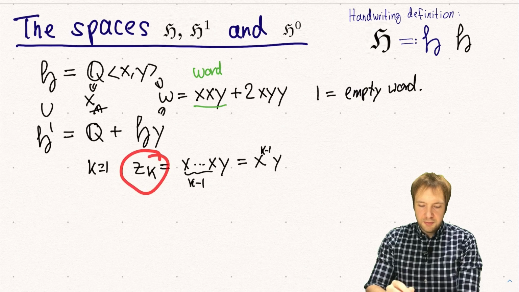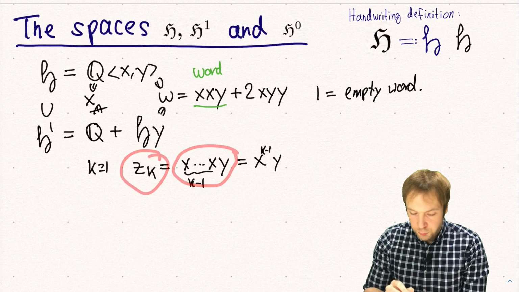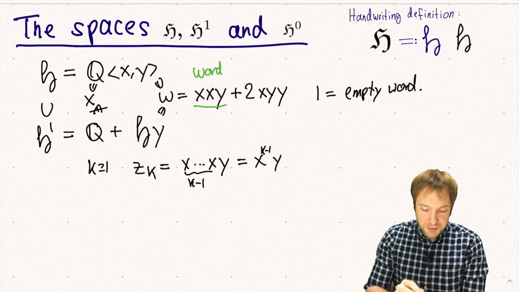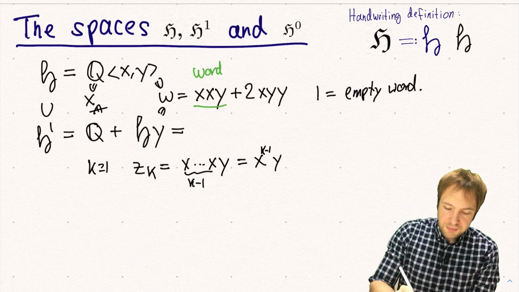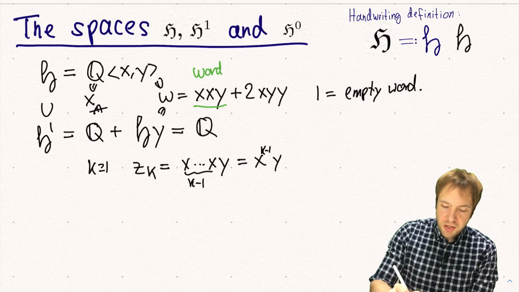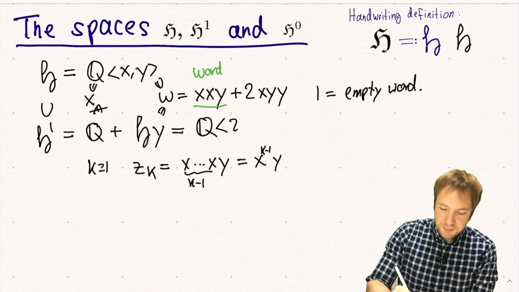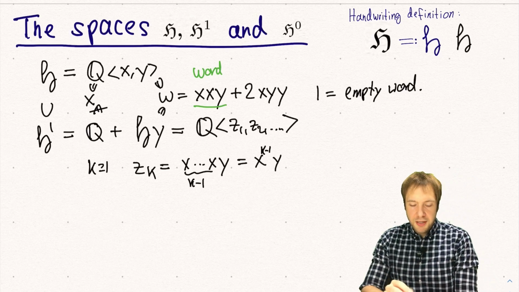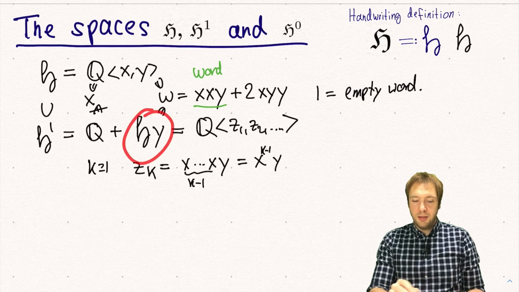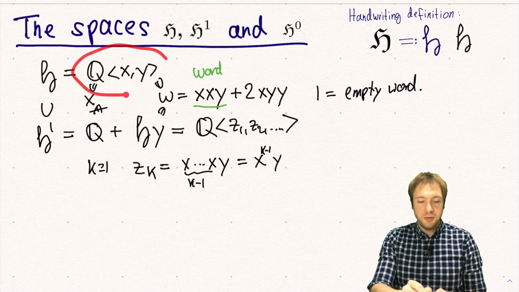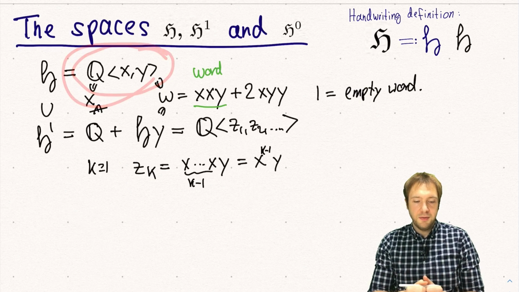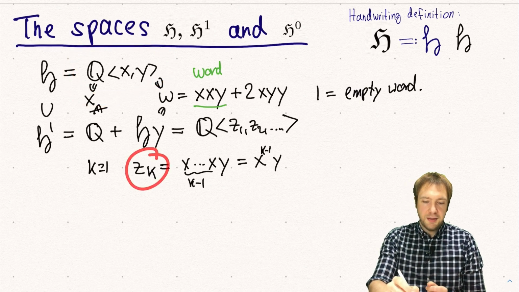So these are words ending in y, so especially this is an element in h1, but we can also see easily that actually h1 is generated by these z's, z1, z2 and so on, because any word ending in y can be written as some product, where by product I just mean the usual non-commutative product in this polynomial ring here, in these z_k.